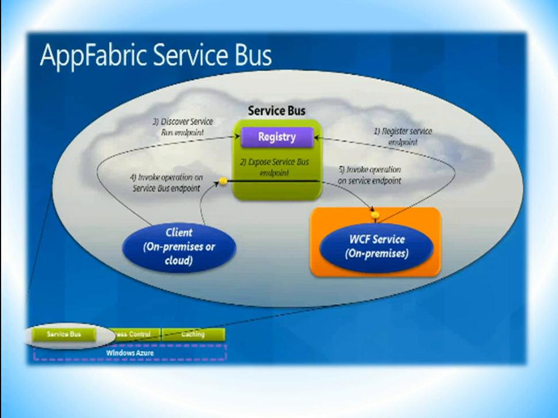So if you look at the service bus, I really don't want to get into an argument about whether we need a service bus or not. I'm pretty much sold on the argument for the service bus. But let me give you a problem and the whole rationale behind using a service bus. You have an on-premise application which is talking to another WCF service which is running on-premise somewhere else.